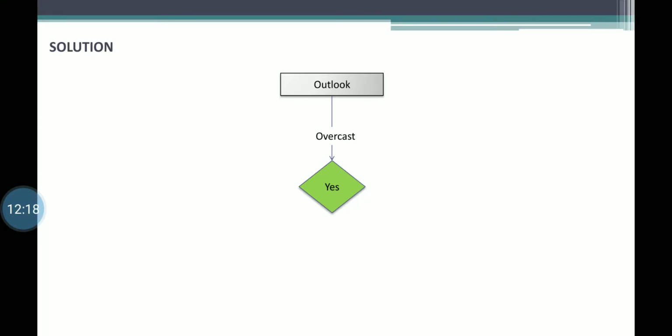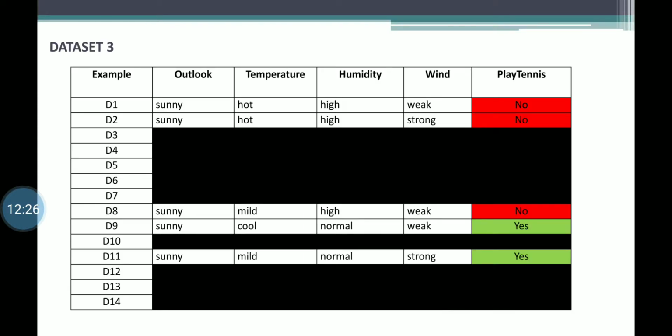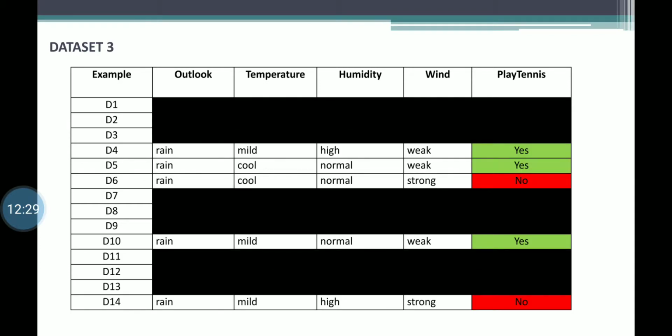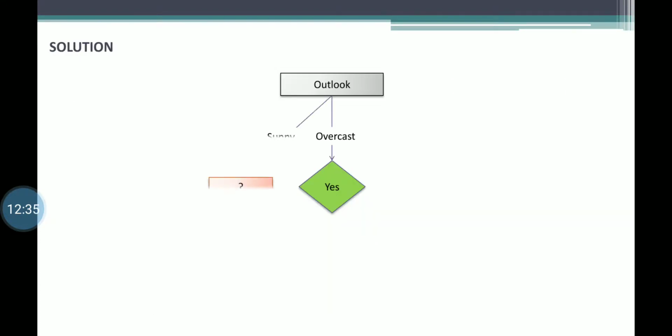What we don't have is with respect to sunny and rain. They are not pure sets. You have seen in the table, right? 2, 3. So here sunny is not a pure set, and also rain is not a pure set, because it is a combination of both positive and negative samples. So we have an unknown situation for sunny and rain.